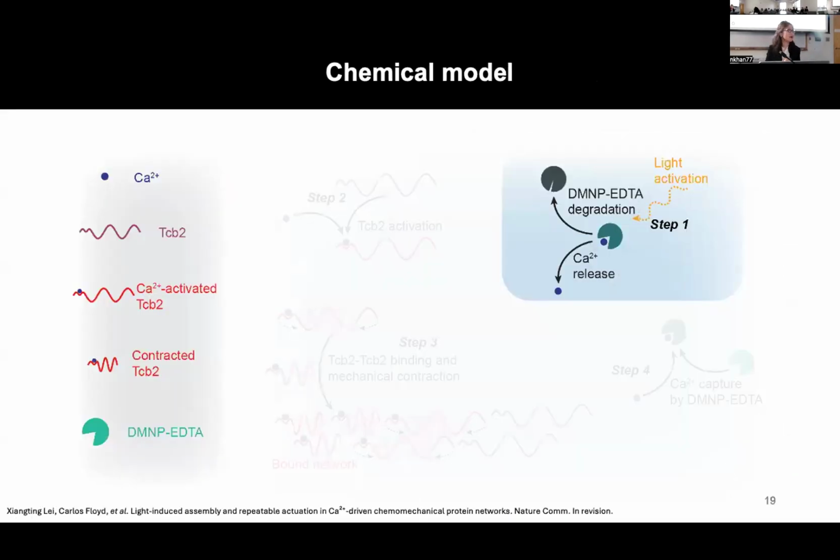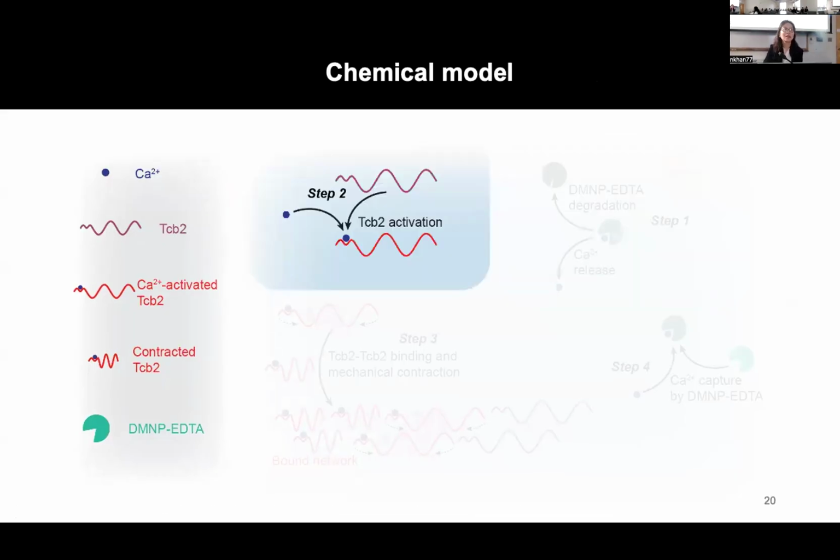This is the setup I already introduced, so I want to do a quick summary to help you understand how it works, and it will help us move forward. The first step: we use light to activate the chelator, and the chelator releases the calcium. Second, the calcium binds to the TCB2, the protein we're starting with.